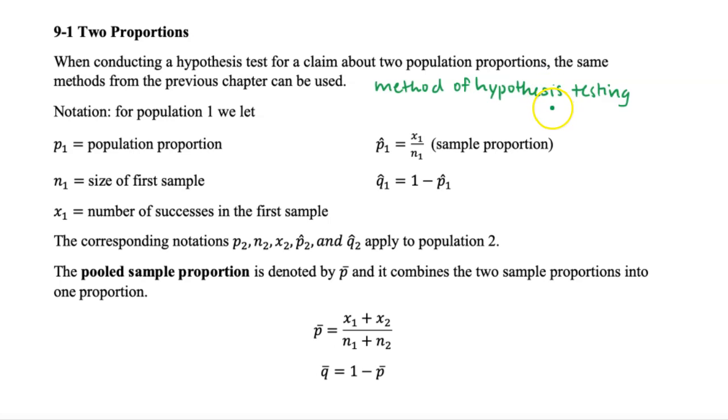And so whether we are using the critical value method or the p-value method, we need some variables, and we need these variables ultimately to find the test statistic. And we know that when we have a P without a hat on top, this refers to a population. So no hat, population. When we've got a hat on this P, we're referring to a sample.